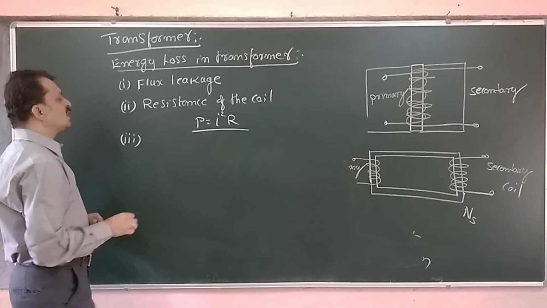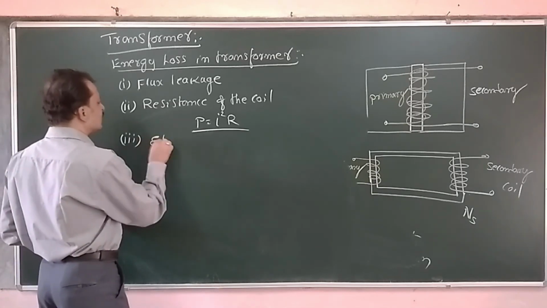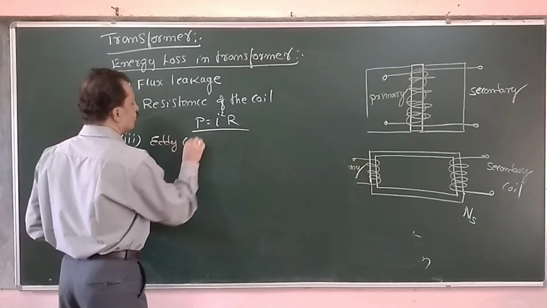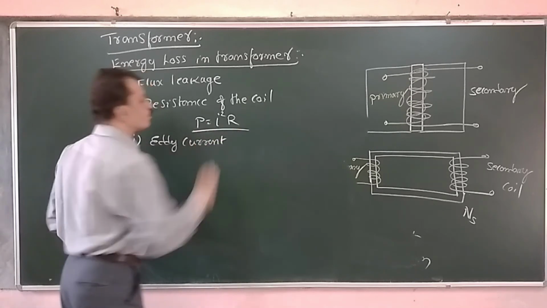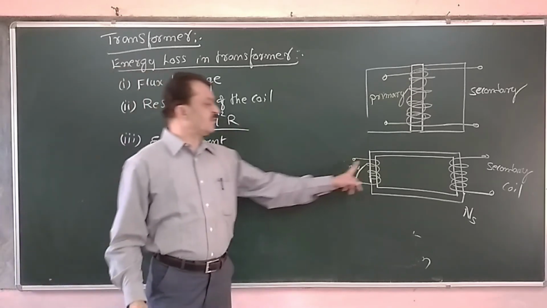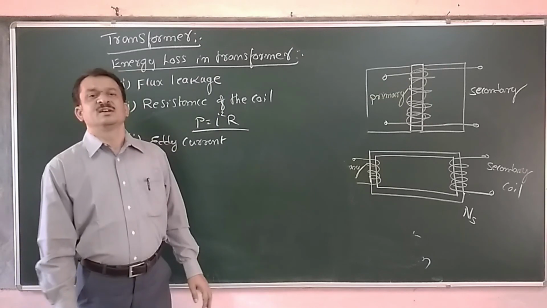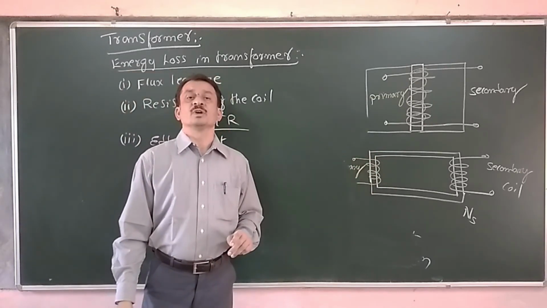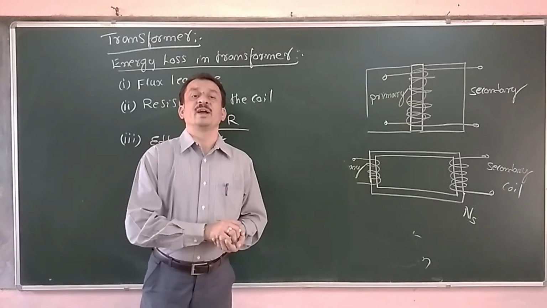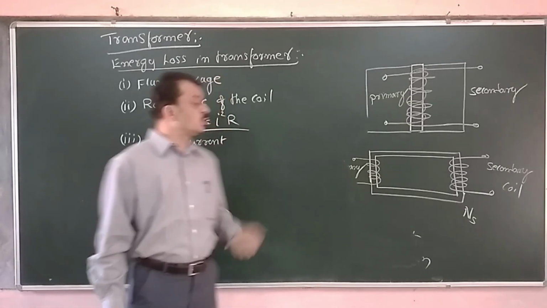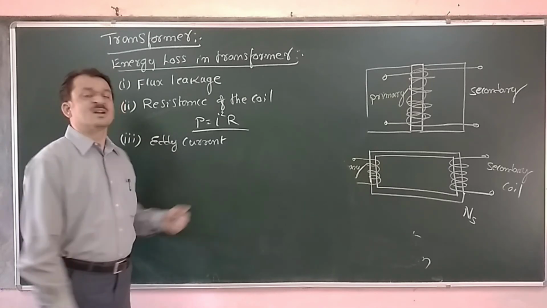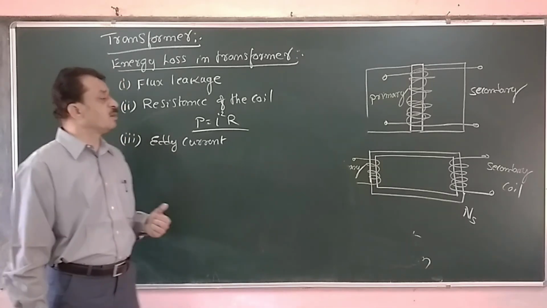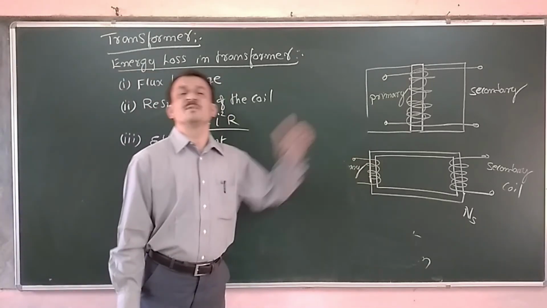Third one, energy loss due to eddy current. As and when the current flows through the coils, inside the coil we have a core. In the core, eddy currents are developed. Now these eddy currents are unwanted currents which are developed due to the variation of the magnetic field.